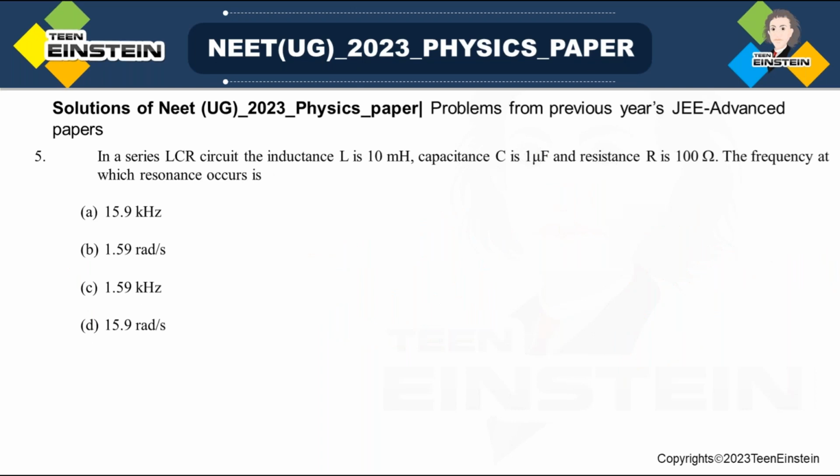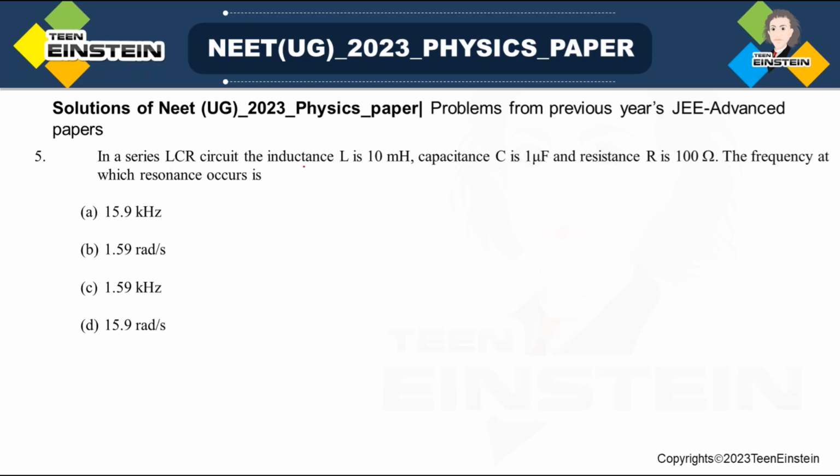I'll take up one more question, then I'll stop. There are many more questions on this, like for this paper. We'll take them up in the next classes as well.